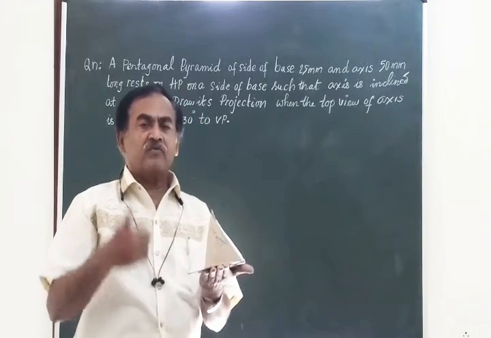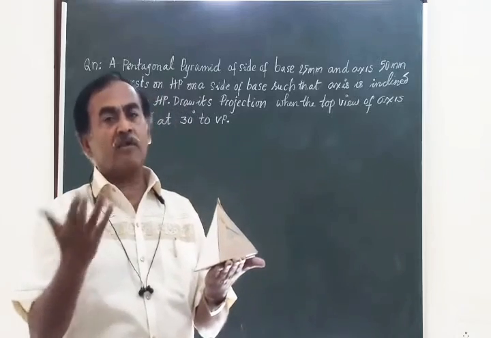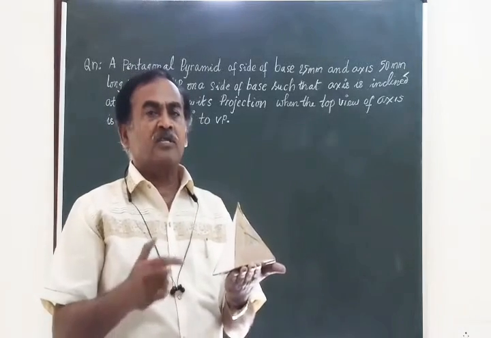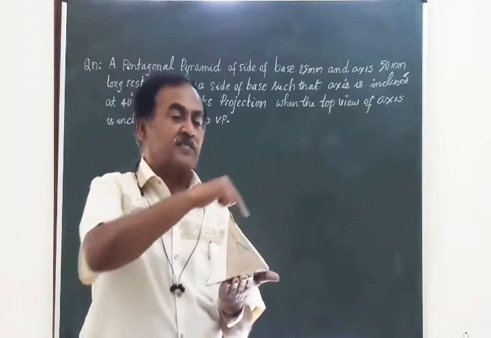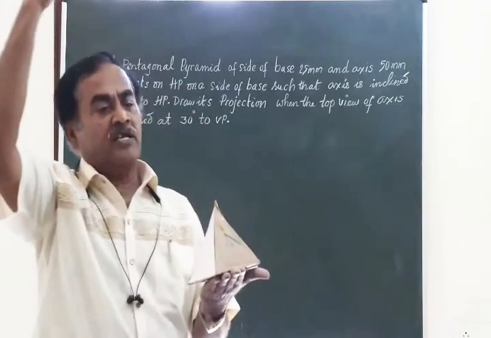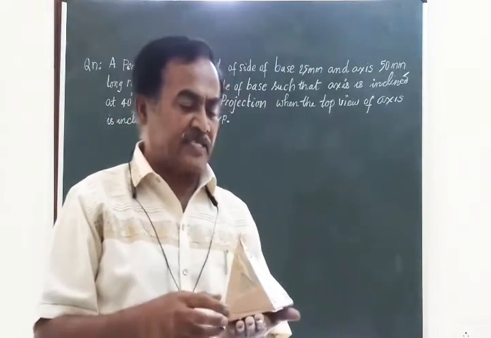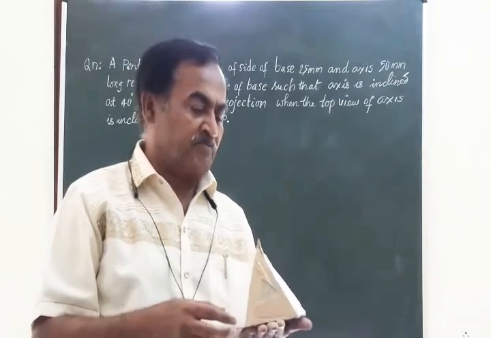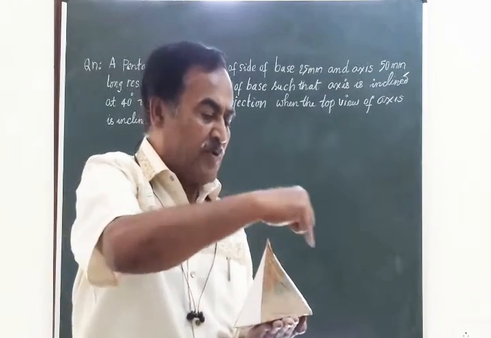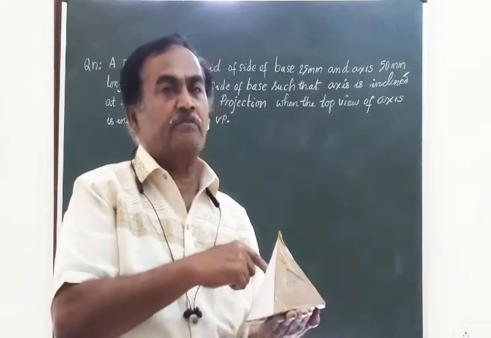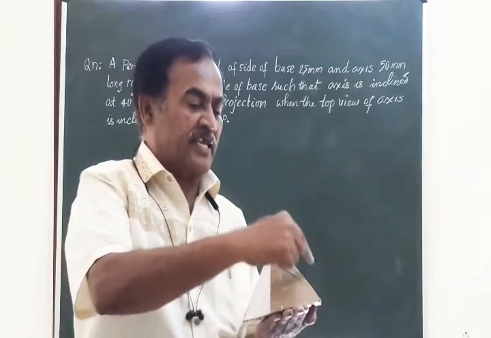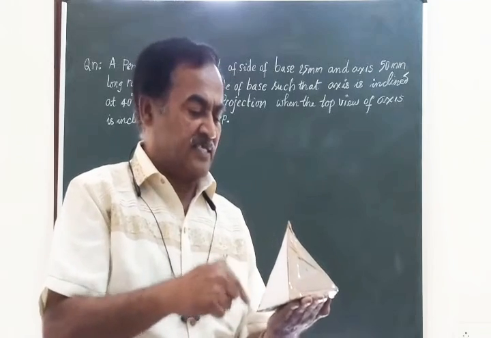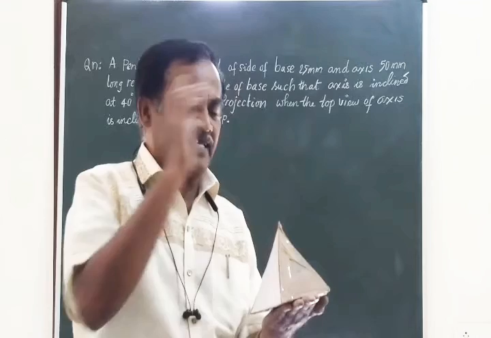Friends, you know very well, whenever any of these pyramids are placed on HP, the true shape of the base can be seen from the top view. So when I place the pyramid on HP, on its base, I will be able to see the complete base of the solid, that is AB, BC, CD, DE and EA.